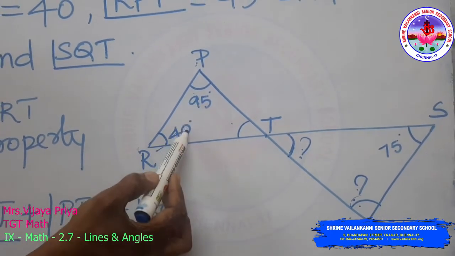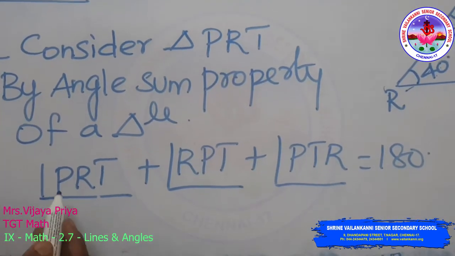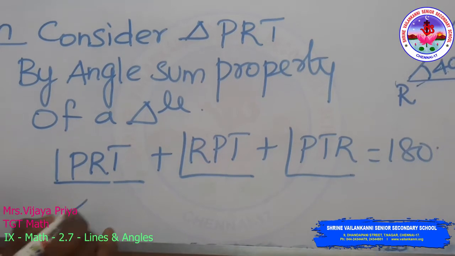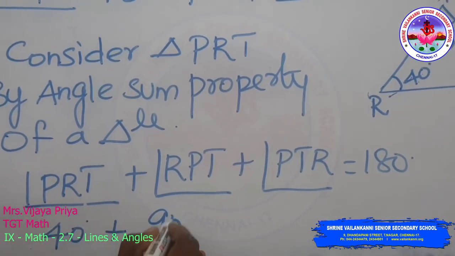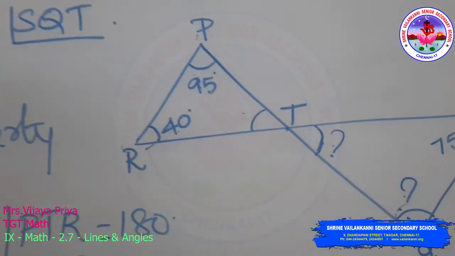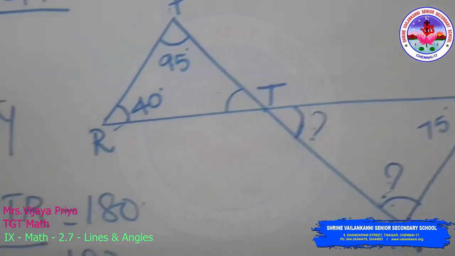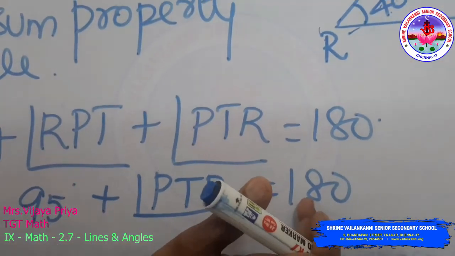So I am writing these values in my PRT and RPT here, where PRT is given as 40 degrees, RPT is given as 95 degrees, plus we need to find out PTR. We can find PTR by bringing this value to the other side and subtracting from 180.